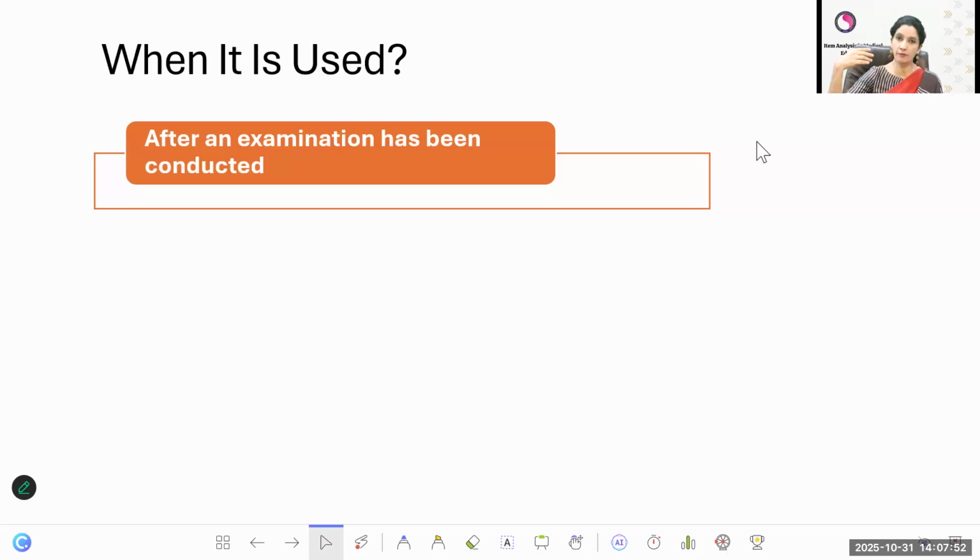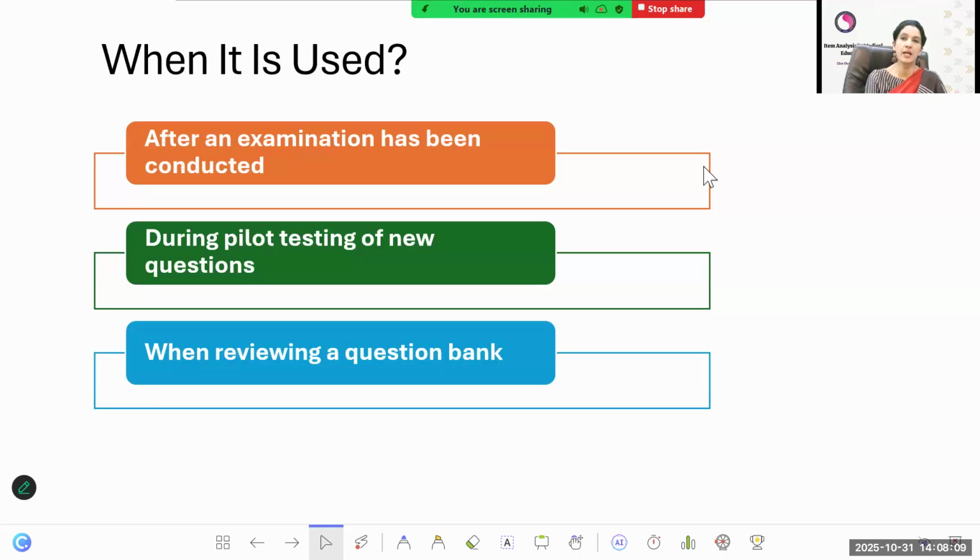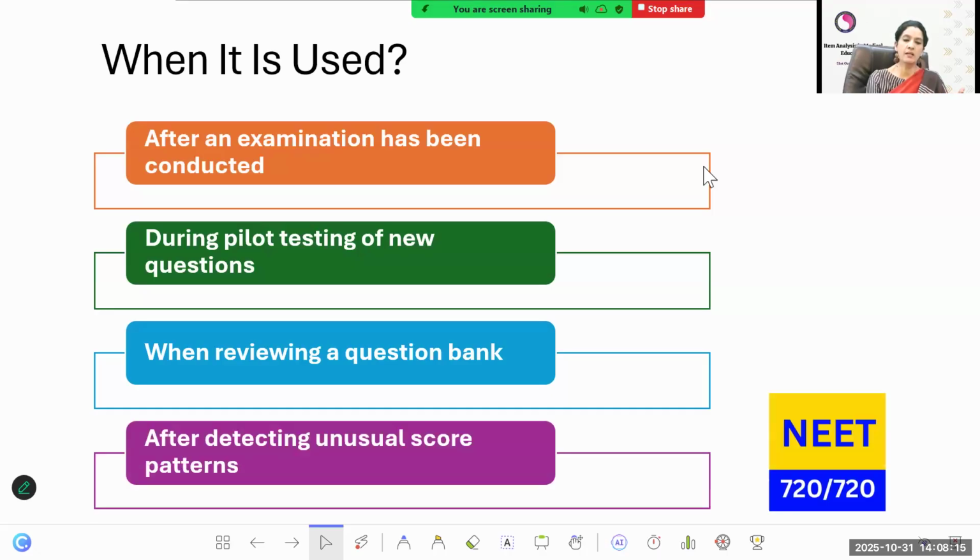And then once you have to give the questions in the final exam, you can select from that particular question bank. Again, you can do it during the pilot testing of new questions. Like I said, you can do this pilot testing in routine classes. Whenever you are reviewing a question bank, you can again do this item analysis. And if you are detecting some unusual score pattern, then also you can do item analysis.